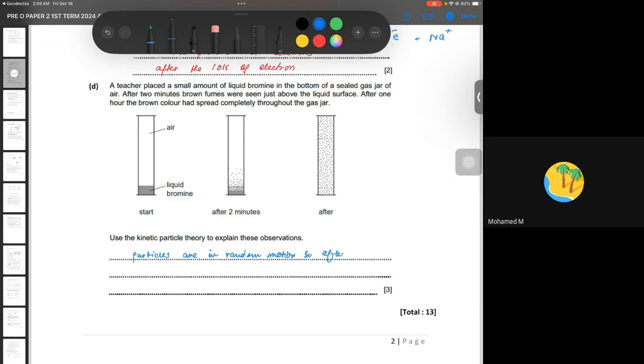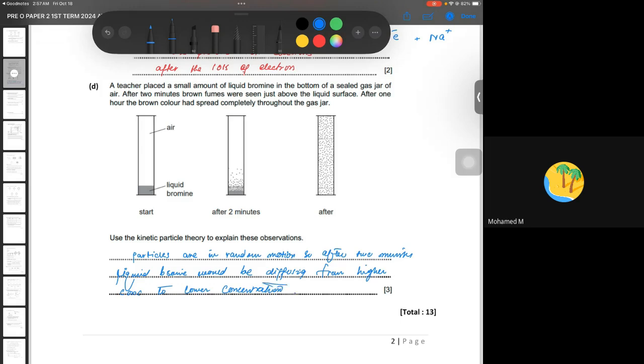So after 2 minutes, liquid bromine would be diffusing from higher concentration to lower concentration. Basically, diffusion is taking place over here.